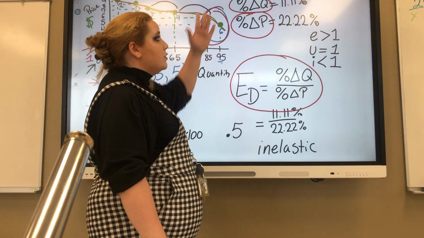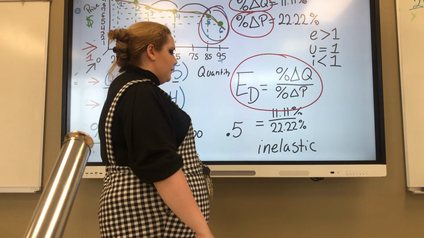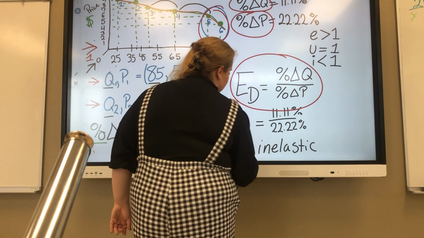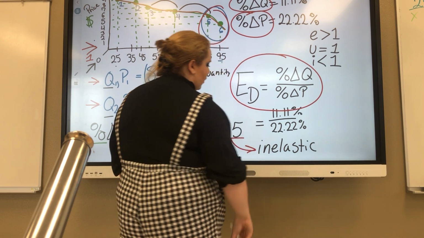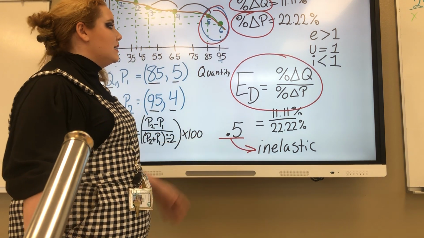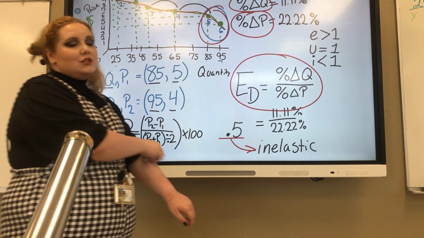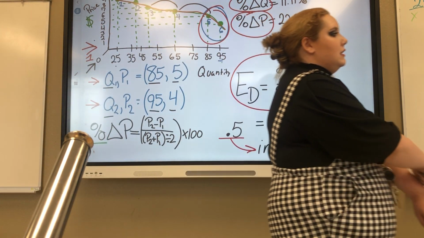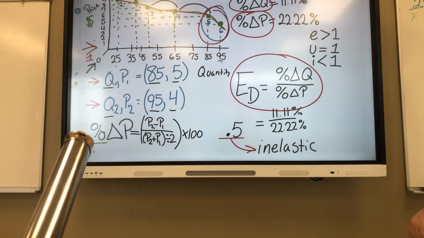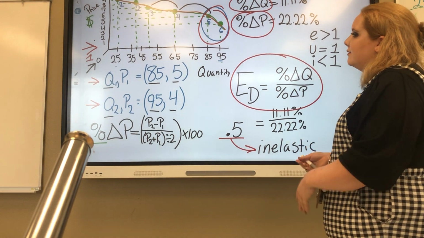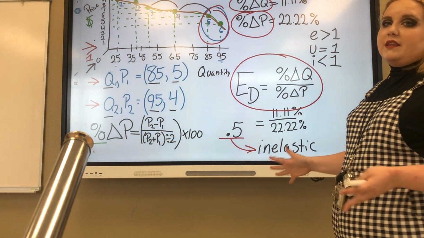It's just taking the numbers you've already found and dividing them. Then with that answer, you're just going to tell me, is it inelastic, elastic, or unit? I can almost guarantee you guys I will probably never give you a question that's unit just because that takes too much work on my end. I'm just kidding. But you can see everything.